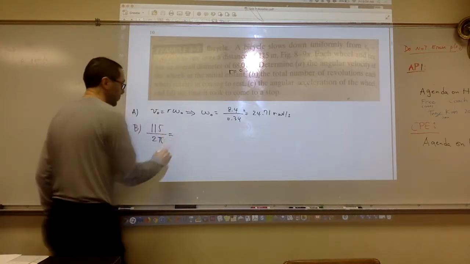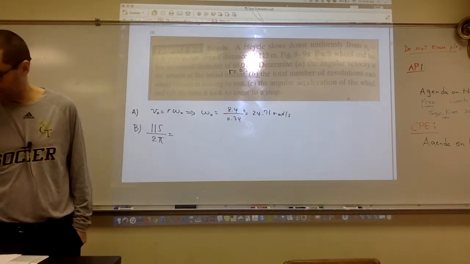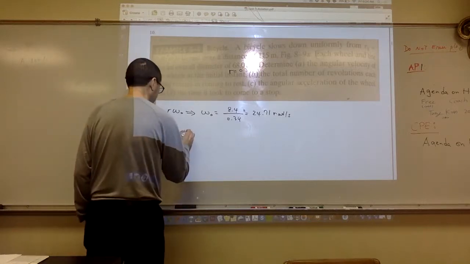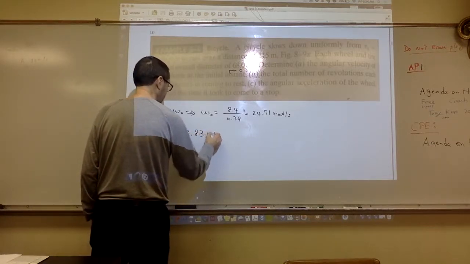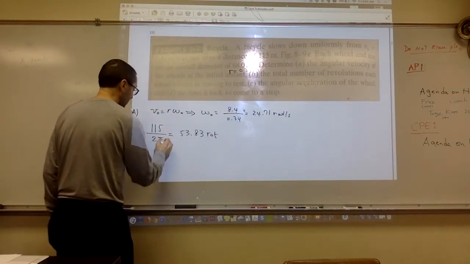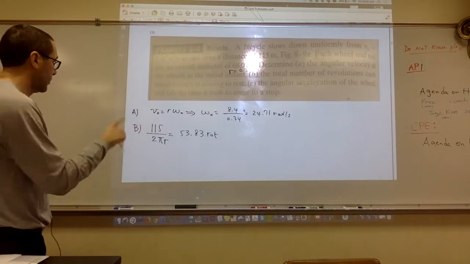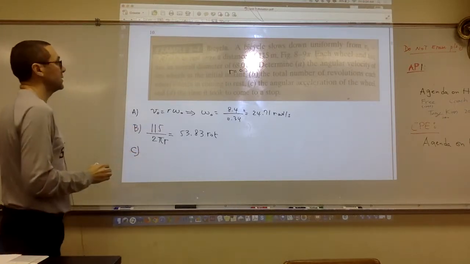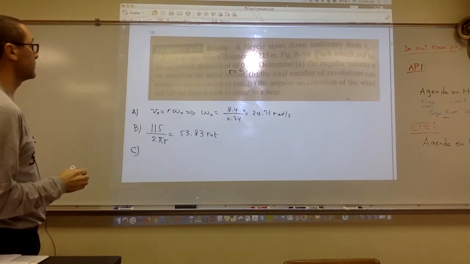So if you want to find the number of rotations or revolutions, you do that division, and it should be 53.83 rotations. Yeah. So you take your whole distance and divide it by one circumference to figure out how many rotations you've done.